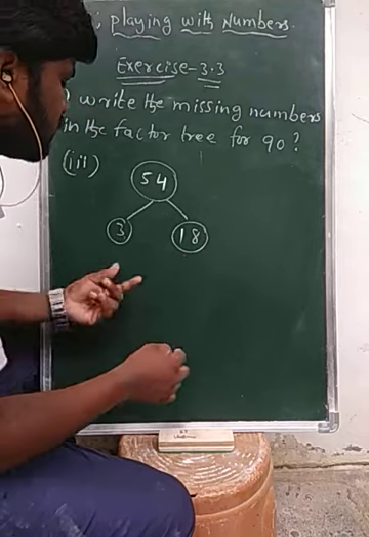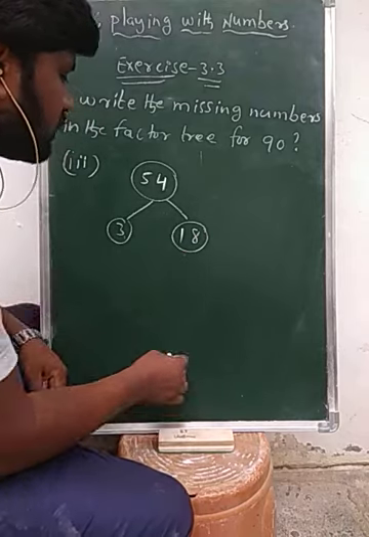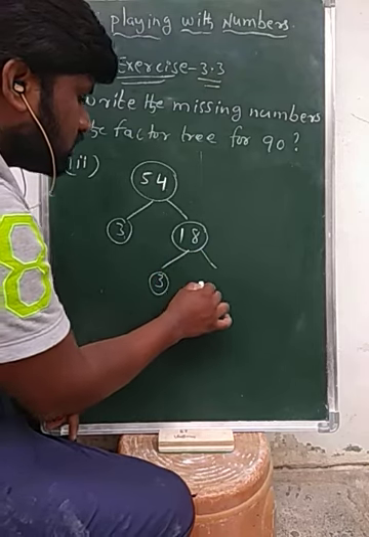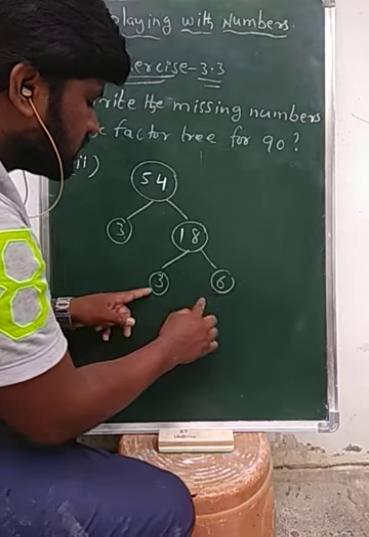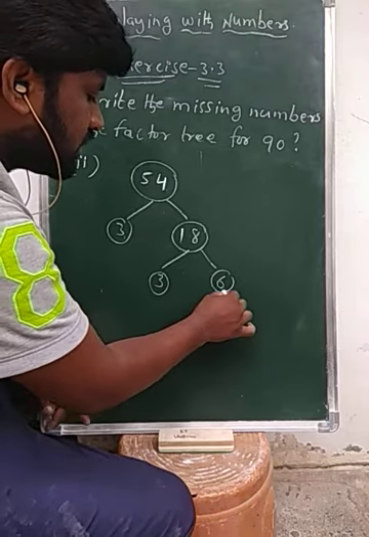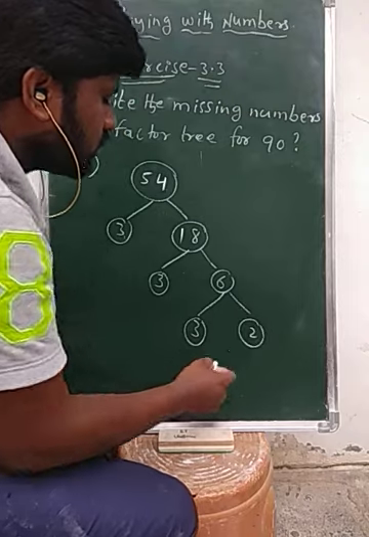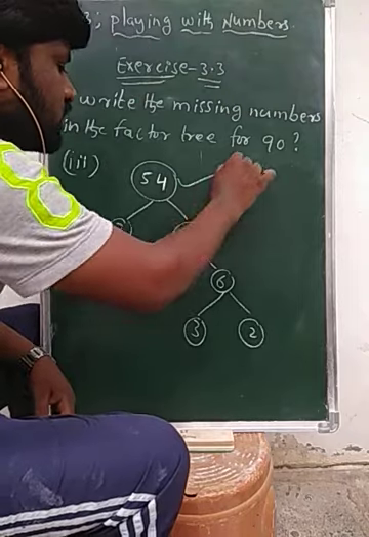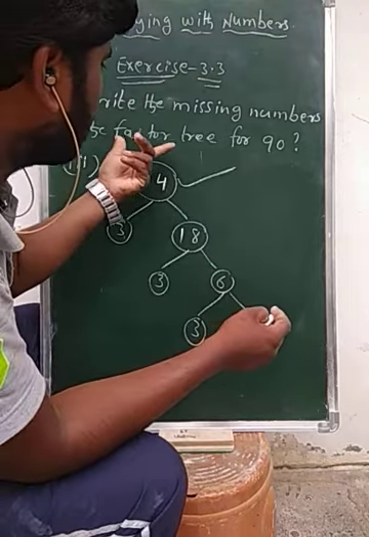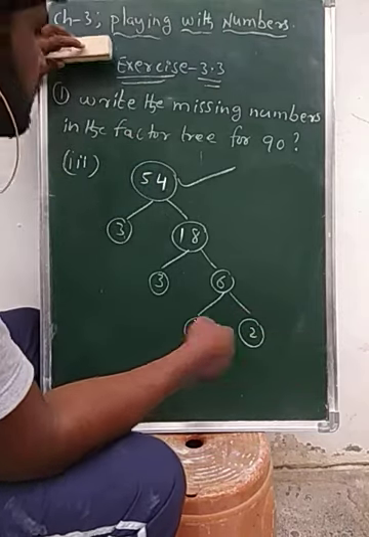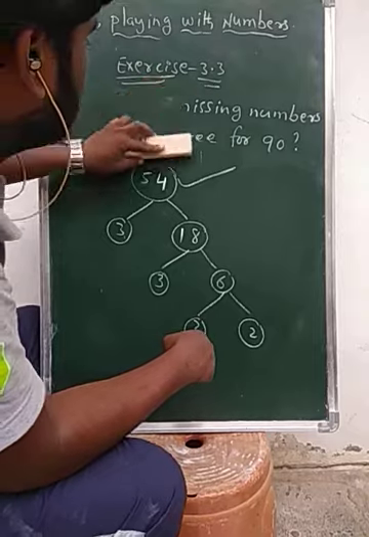The factor tree: 3 18s are 54. Again 18 we can express as 3 6s are 18. Again 6 we can express as 3 2s are 6. So like this you take any composite number and make it a factor tree.